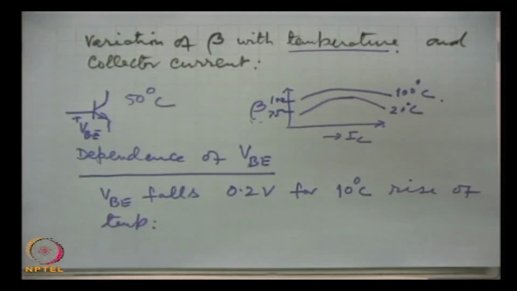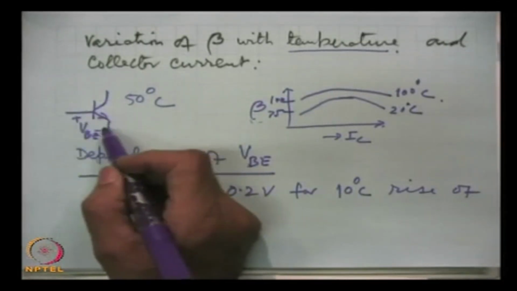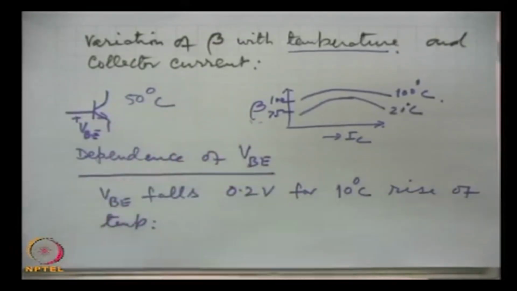For you it is sufficient to remember that temperature also changes the voltage drop which occurs between the base and emitter junction. So, these are certain parameters which we will be making use of.